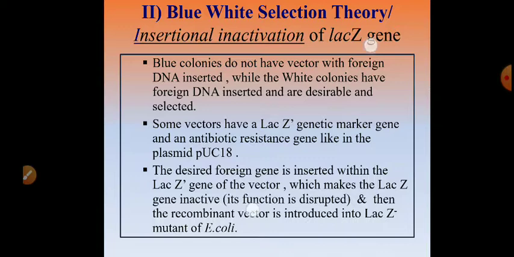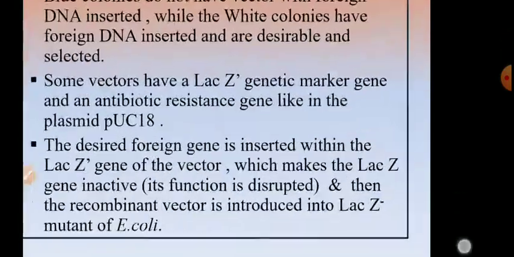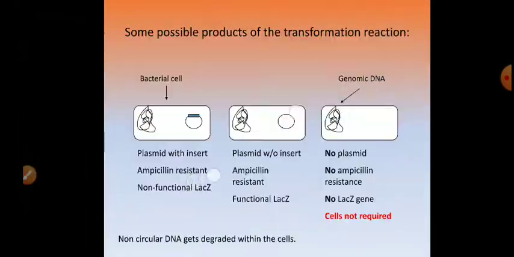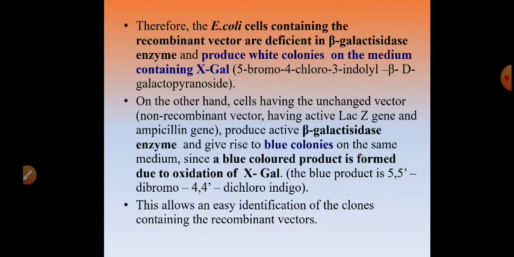Now, whenever we select such E. coli cells like lacZ minus cells and you insert the foreign gene inside the lacZ gene, the function of lacZ is disrupted. Therefore, E. coli cells containing the recombinant vector are deficient in beta-galactosidase enzyme.